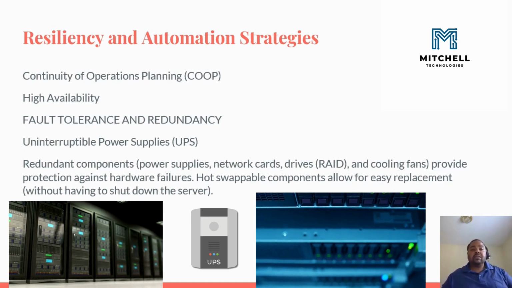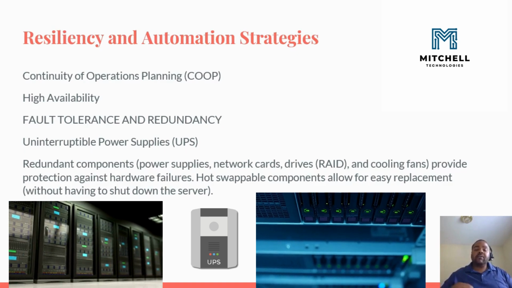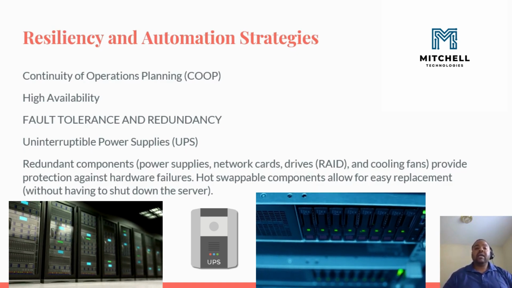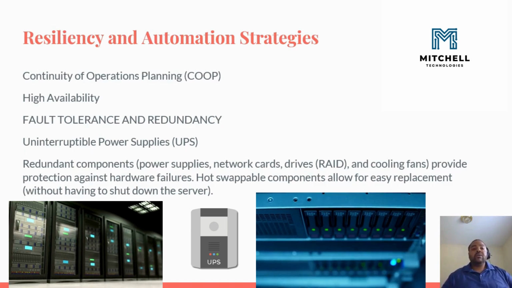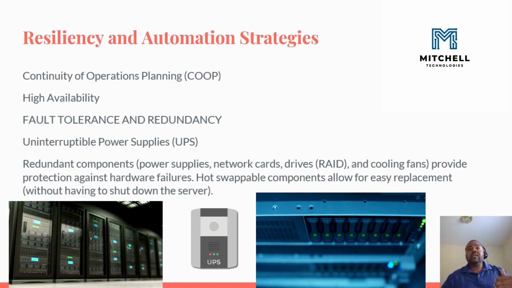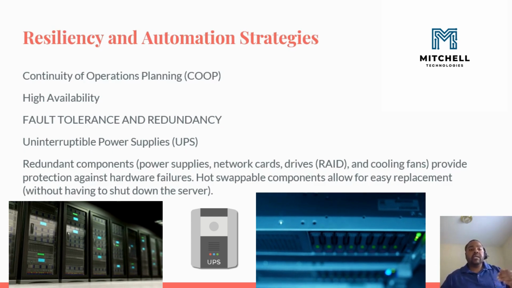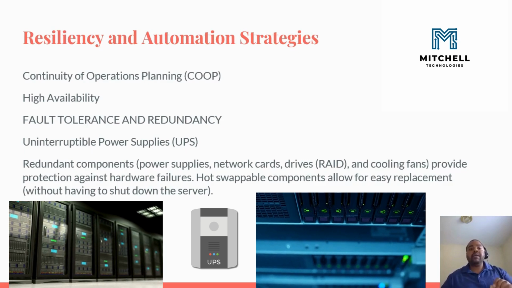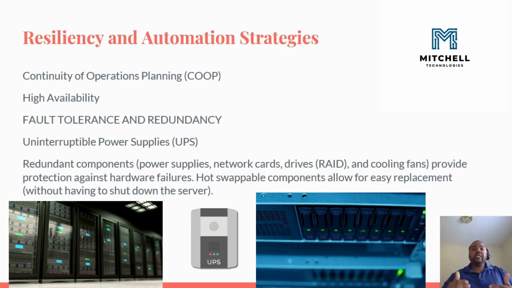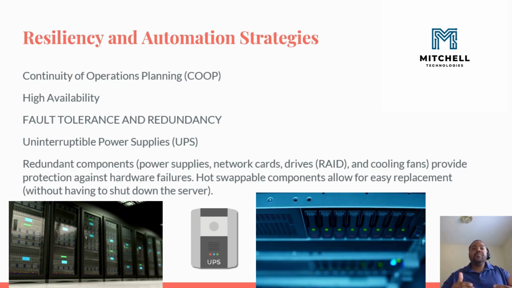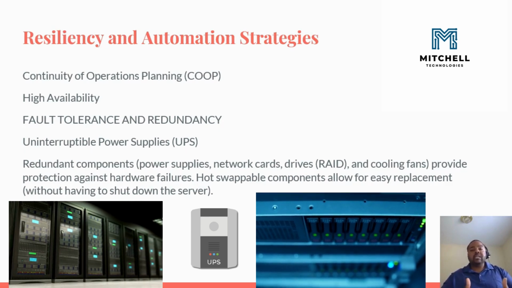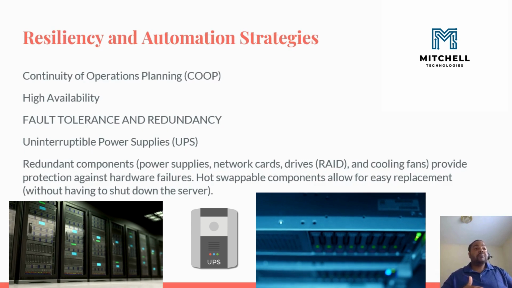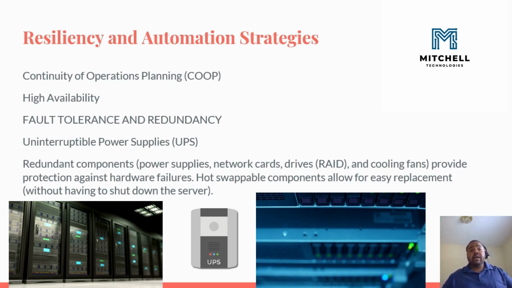Fault tolerance is still going off of that high availability concept, where fault tolerance and redundancy, what they do is you want to have an outlook of what could happen and then plan for it, and actually have safety nets in place just in case servers go down or power outages occur.